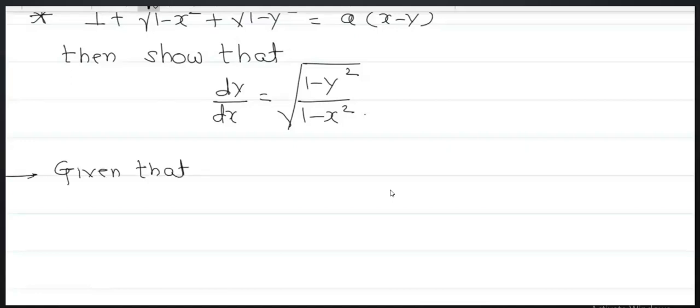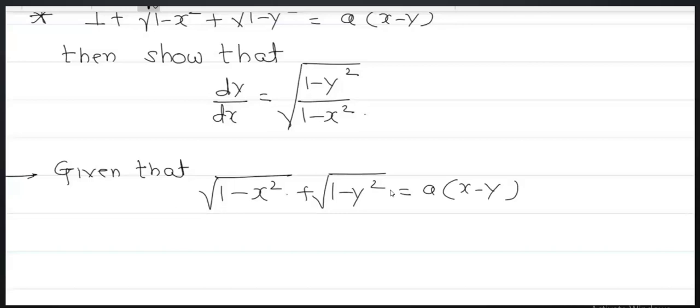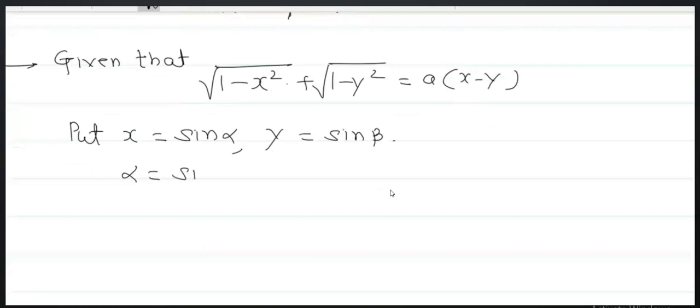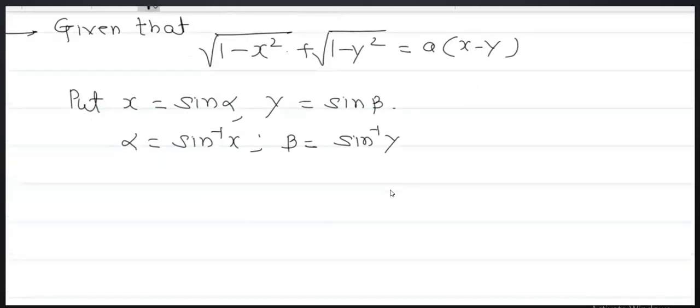Now here is also a very important example. We have the substitution x is equal to sin alpha and y is equal to sin beta. If we substitute, then you will get also alpha is equal to sin inverse of x and beta is equal to sin inverse of y.